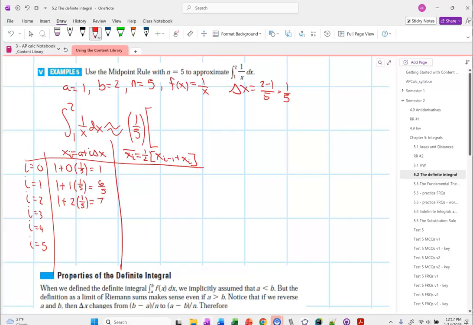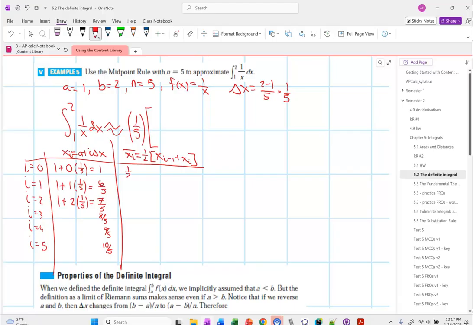And I just kind of continue doing this, and at this point, who can see the pattern on what these xi's are going to be? We need to plug the formula through for the last 3, right? Should be 8/5, 9/5, and then 10/5. So far so good?